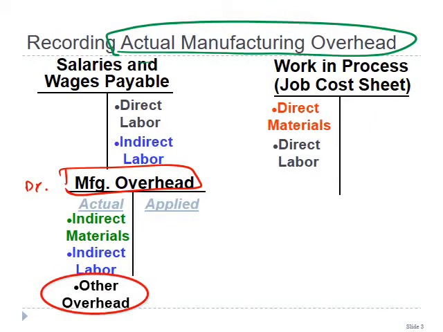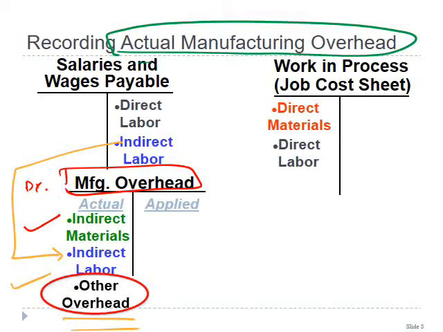The debit side is increased through indirect material, and this came from the direct material account here. And then the indirect labor comes from the indirect labor account, and we just add it to the other overhead account as well. So the right side is called the actual overhead account.